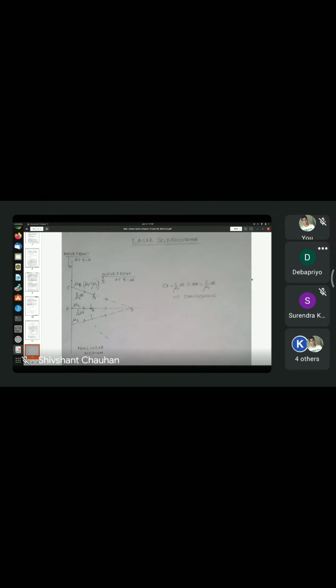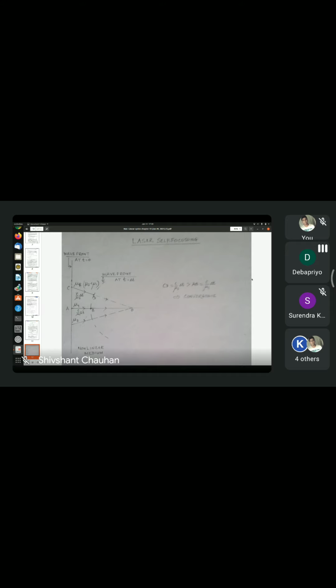Notice one thing. A nonlinear medium produces two effects. One effect is the generation of second harmonic and third harmonic and so on. The other effect is what we are discussing now, that is self focusing. In connection with self focusing, you do not worry about second harmonic or third harmonic generation. You are focused on the fundamental harmonic. The frequency is omega, the frequency of the incident ray, no change in that.